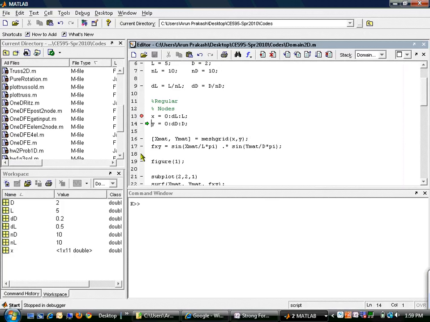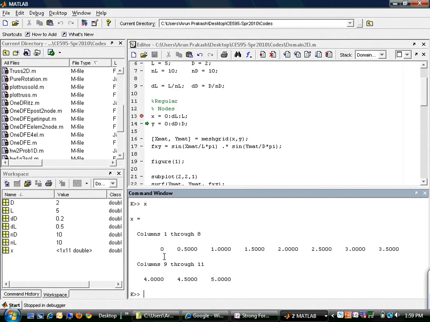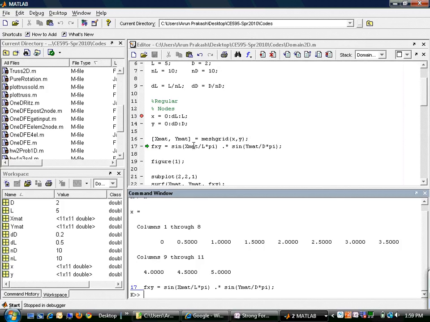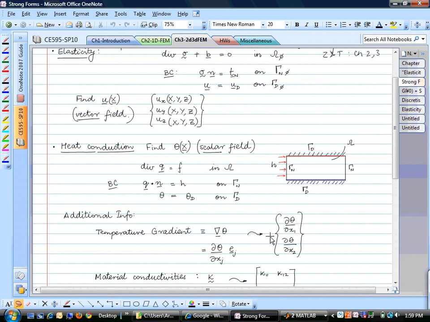Once you execute this, you can actually type the value of x and see that our x values go from 0 to 5 with 10 different values in there. So now this command meshgrid takes this set of x values, set of y values, and creates points on this domain. If you take a look at this domain, I've done 10 parts along here and 10 parts along here, and it creates all these points inside the domain.